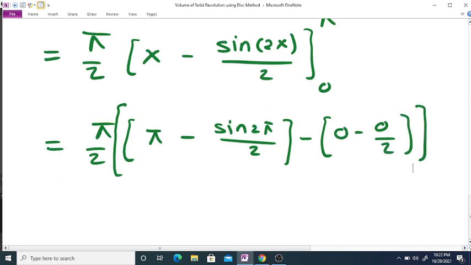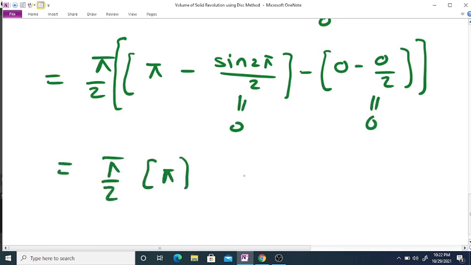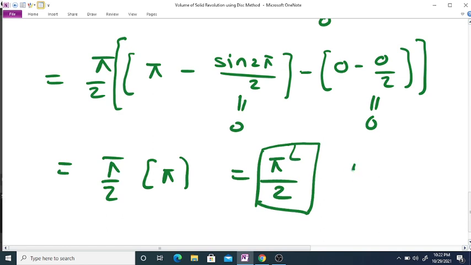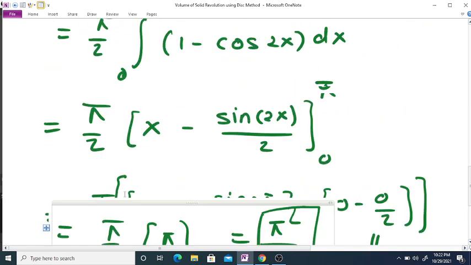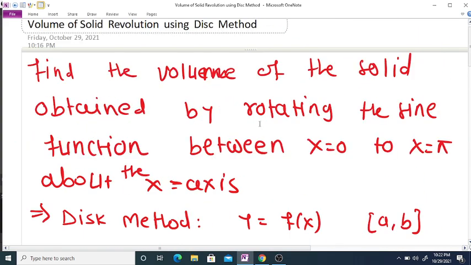So again, we know that sin twice pi is 0, so the value of this term is 0, sin 0 is 0, so here pi by 2 times pi is equal to pi square by 2. So this is the volume of the solid, pi square by 2, rotating about the x-axis between x is equal to 0 to x is equal to pi.